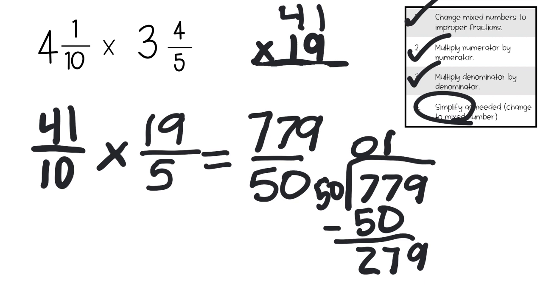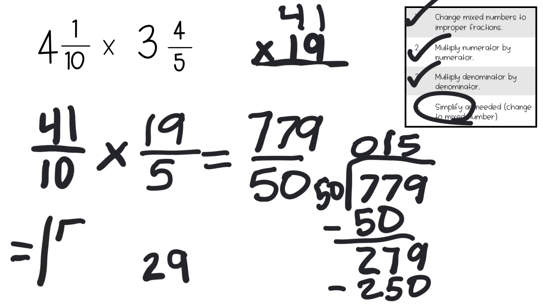Oh, can't quite go to 300, so it'd be times 5. 50 times 5 is 250. When I subtract, I end up with 29. Okay, 29. So it equals 15 and 29 fiftieths.